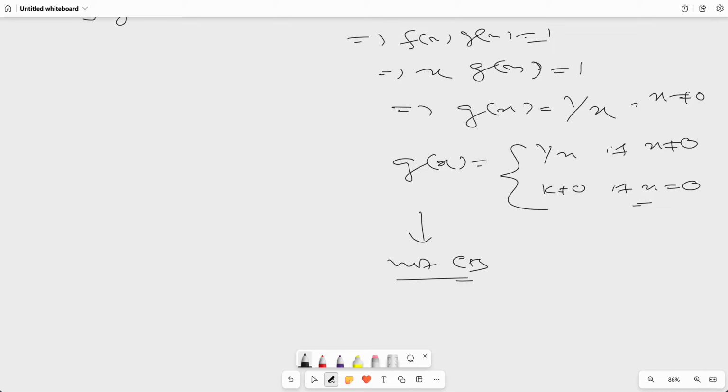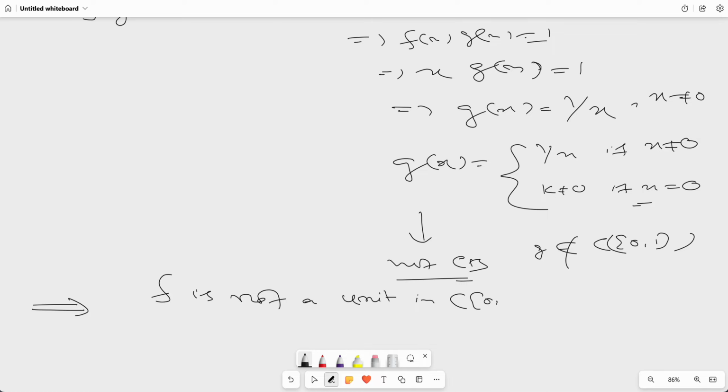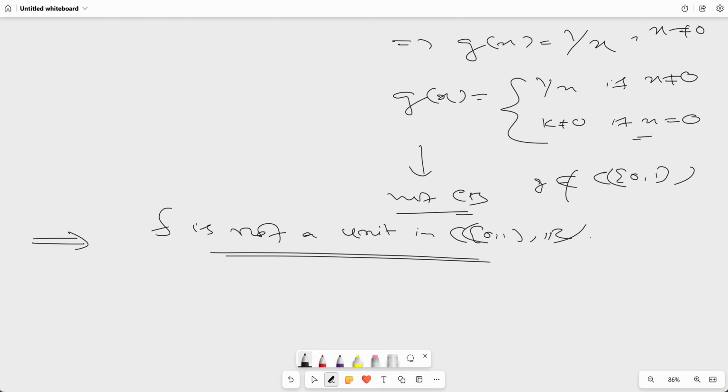This implies it cannot be a unit also in C[0,1]. Since g is not continuous, g is not inside C[0,1]. Okay, this implies that f is not a unit in C[0,1].